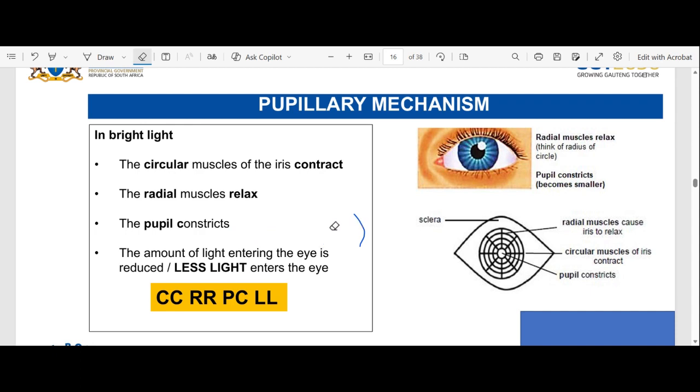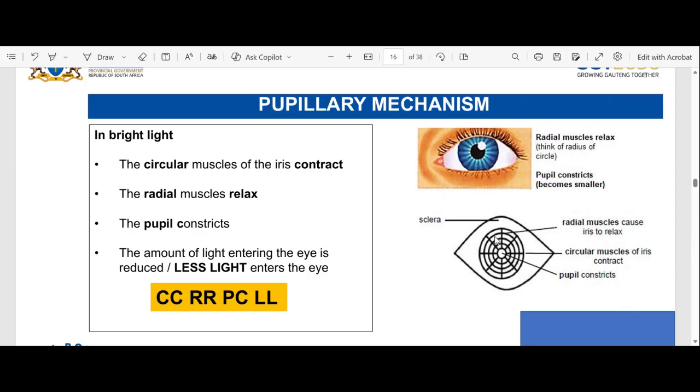Because if that does not happen, you'll be exposed to a lot of light in your eye, and we don't need that. So your pupil will constrict or become narrower, and when it becomes smaller in size, it allows less light to enter your eye so that your eyes are not damaged.